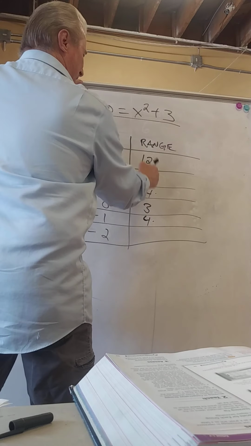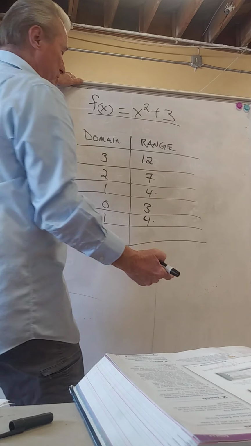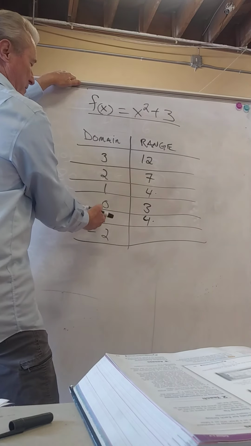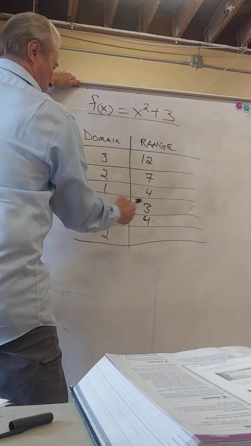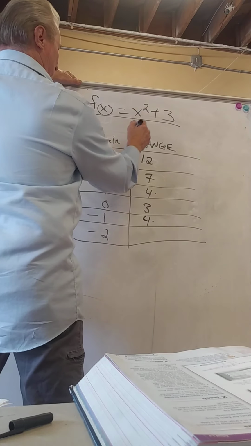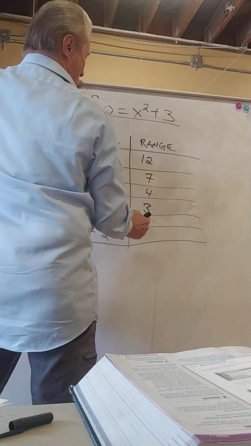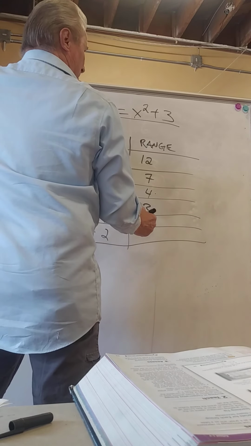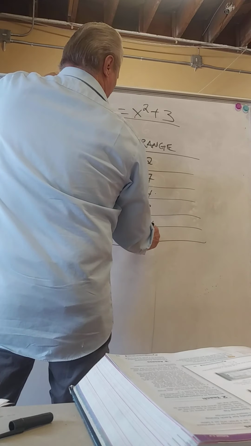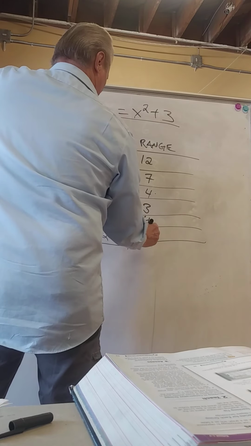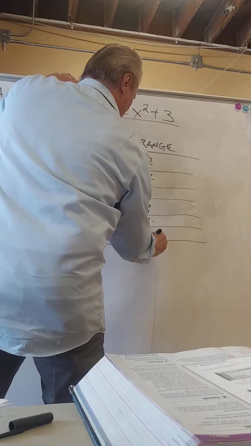All right? You can have the same number show up in the range, but if it shows up in the domain, it has to be the same number as it is for the other domain. Minus 2. Minus 2 times minus 2 is positive 4, plus 3 is 7.